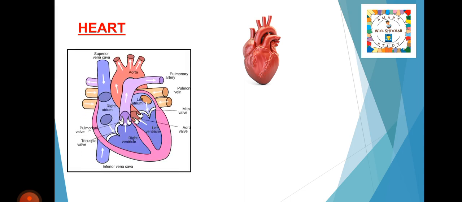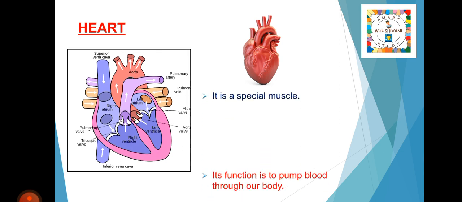Now we will understand the function of the heart. This is actually the heart, fully red color, but for our easy understanding we do the color coding just explained in the previous slide, that red is used for oxygen-rich and blue is used for deoxygenated or oxygen-poor blood. Heart, it is a very special muscle.